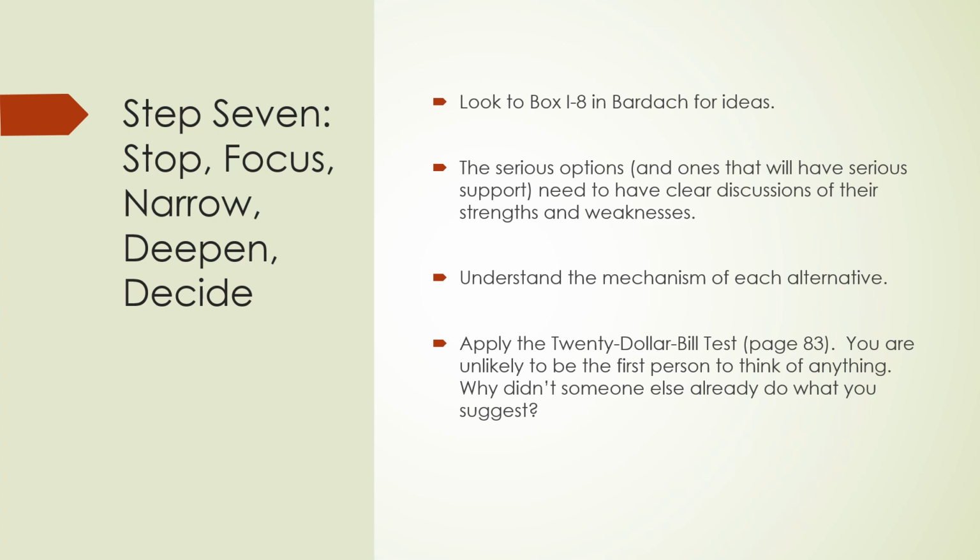Obviously some of the options are not going to pass the initial look. But once we get down to the alternatives that we're serious about, we need to have a clear understanding of their strengths and weaknesses. And then we need to clearly spell those out for any decision makers. We need to understand the mechanism.